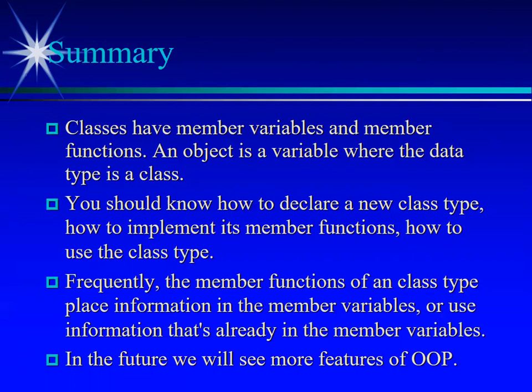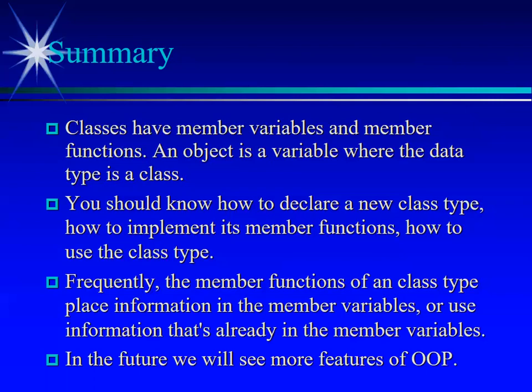You should know how to declare a new class type, which we have seen, then how to declare the objects, and how to provide the implementations of the functions declared within the class.